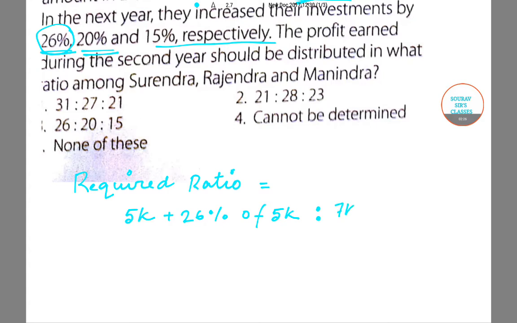7k. This is for Rajendra. 7k plus 20% of 7k is to 6k. This is for Manindra, plus 15% of 6k.